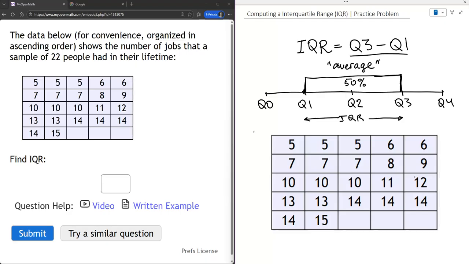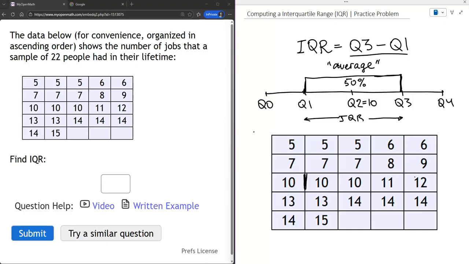In a data set with 22 observations, the median will be the average between the 11th and 12th observations. So let's count: 1, 2, 3, 4, 5, 6, 7, 8, 9, 10, 11, 12. So the average of these two is the median. So Q2 is 10.